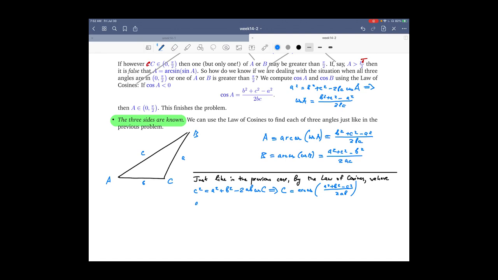And likewise, a squared equals b squared plus c squared minus 2bc cosine a, and b squared equals a squared plus c squared minus 2ac cosine b.